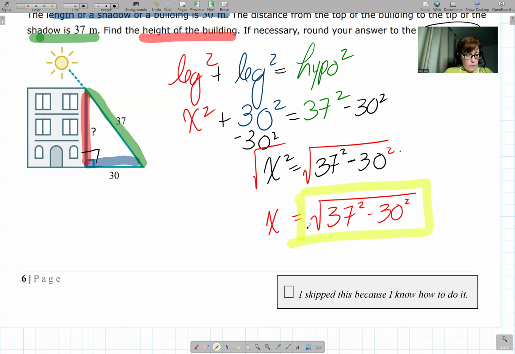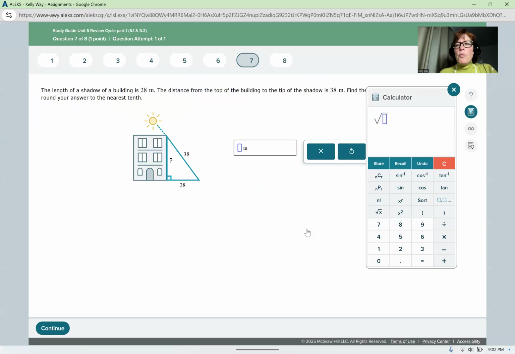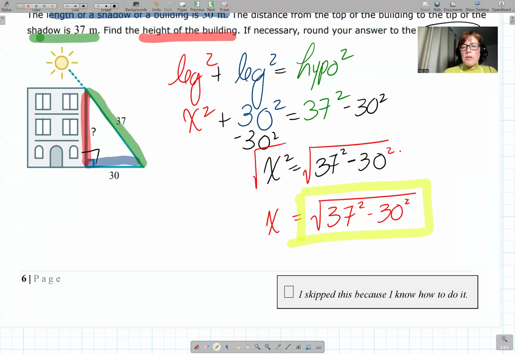If you have a TI-84, or better yet, you just use the ALEKS calculator because it'll work like that. So square root of 37 squared minus 30 squared. And then you hit the equal sign. And you get 21.65.